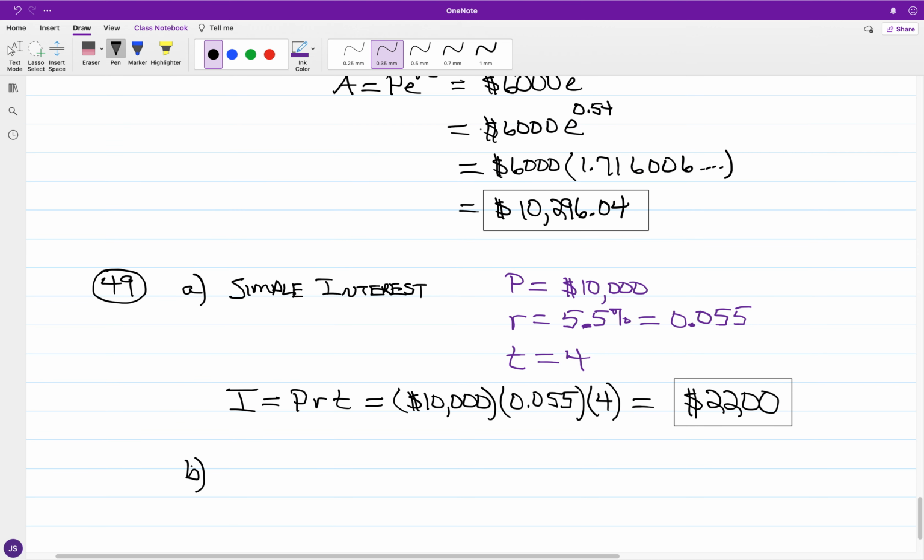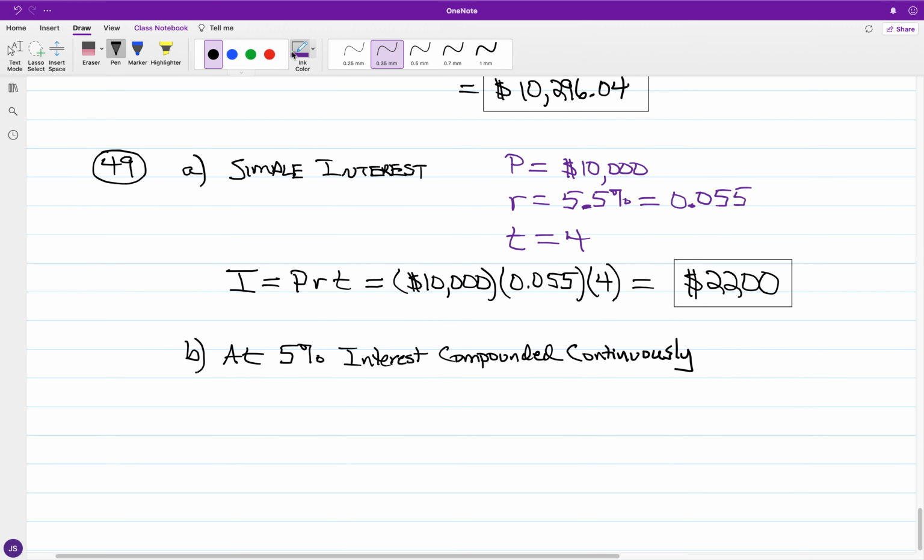for the other deal, now we have 5% interest compounded continuously. Now for this arrangement, we're still looking at financing $10,000.